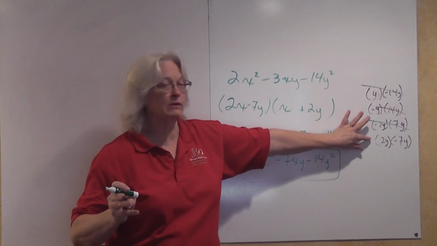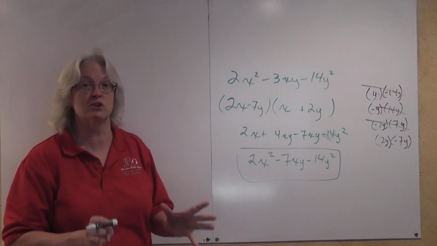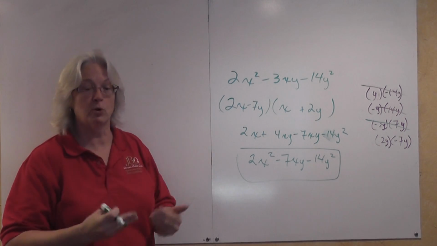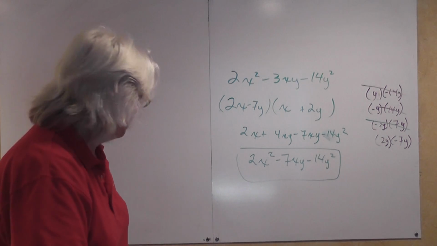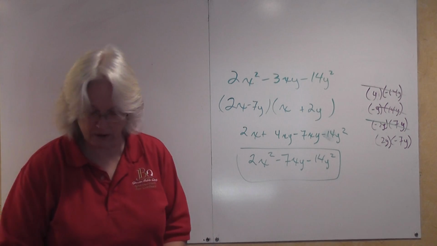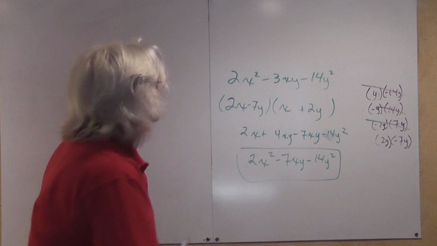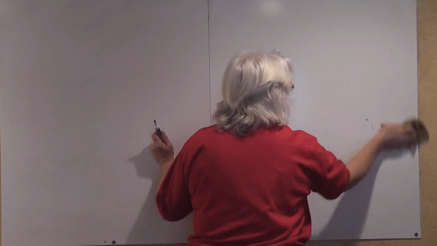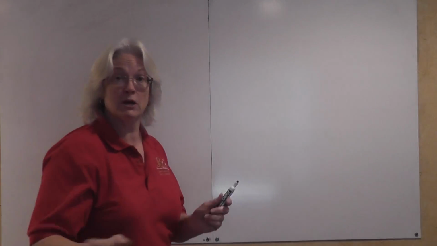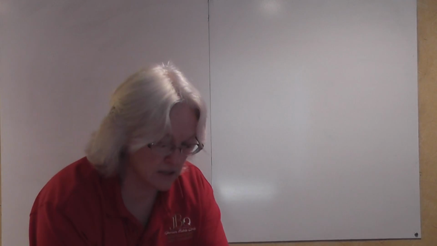It's usually going to be factors that are closer together, and I promise you the more that you practice these, the more quickly you will be able to solve them. Let me do one more example for you, and then spend a bunch of time on your homework practicing these.